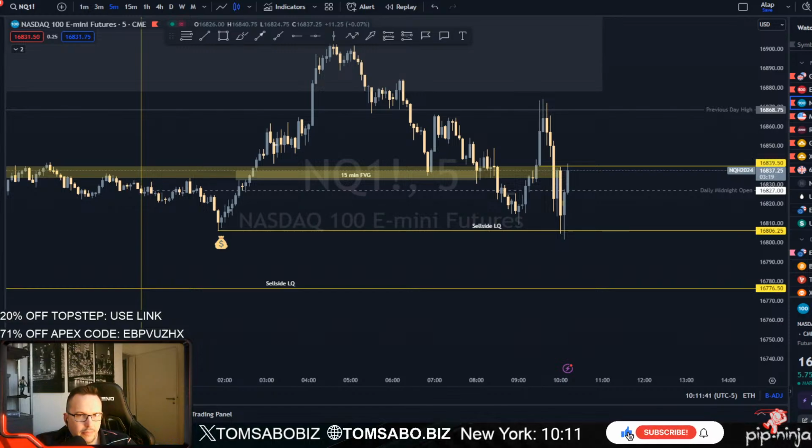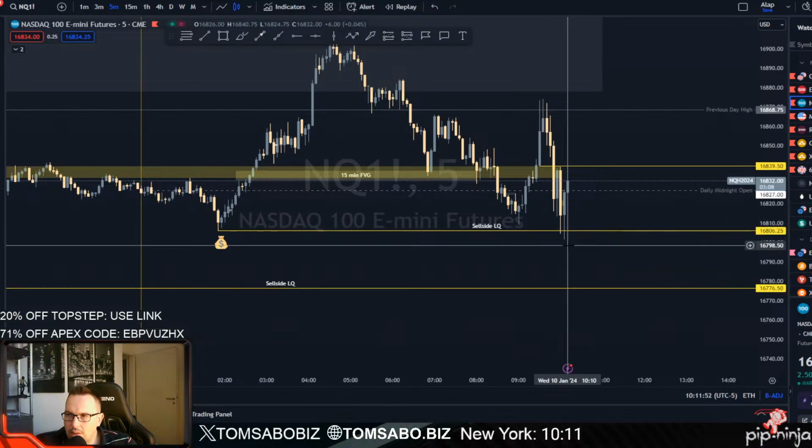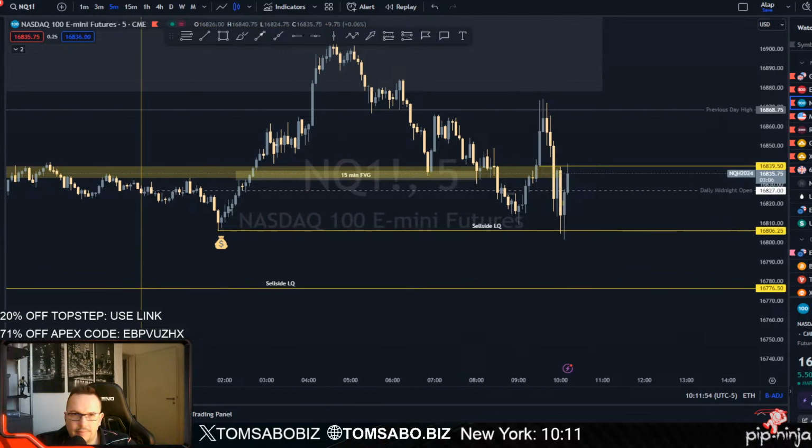It touched. Low of the candle is 801. Almost. The low is 801. I don't know. That's why I'm thinking, does it want to go down there, revisit it again, or is it just gonna go up?